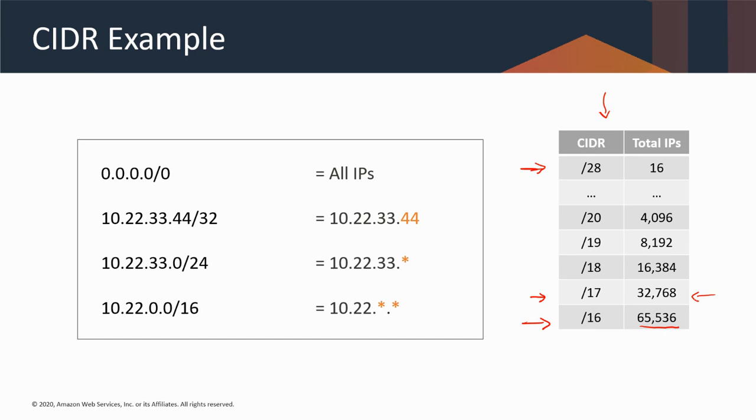So it's going to be 32,000 plus IP addresses you can have within that VPC. Now, what if I pick my VPC CIDR block to be /18? That gives you up to 16,000 IP addresses that can be used within that VPC. And every time you go up on the CIDR notation, you decrease the number of IP addresses that you can actually have within that VPC until you reach /28. That's the smallest network you can actually build within AWS.